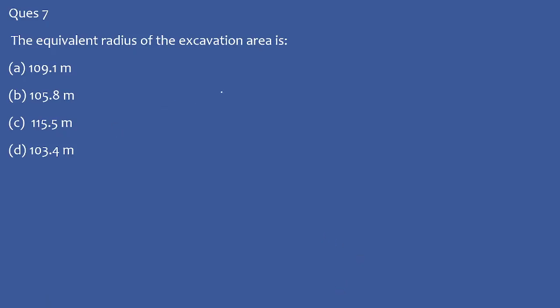So right now you have a cross sectional area with a total area of L into B, and you want to convert it into the equivalent circular area, which is πr². The length is given as 220 and the breadth is 160.